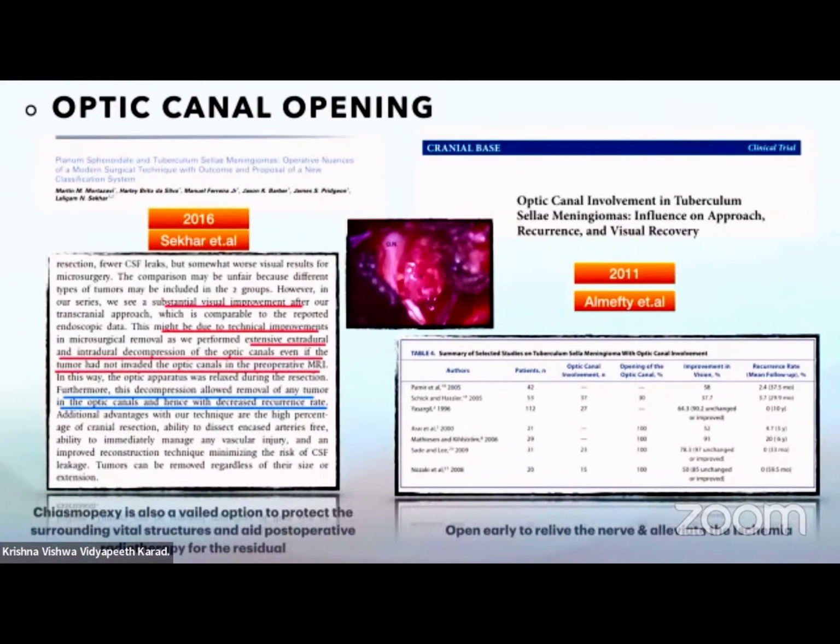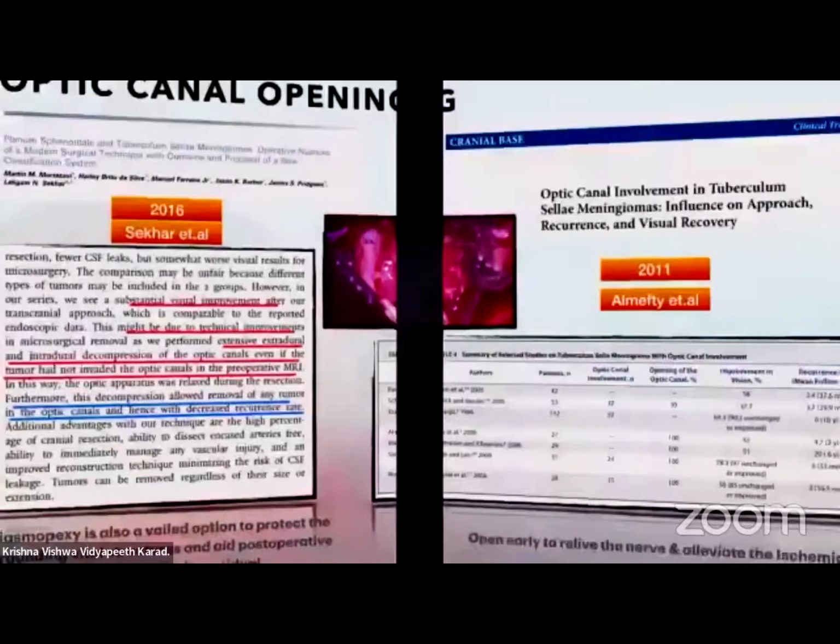Chiasmopexy may be beneficial if there is any postoperative residual which is in need of postoperative radiosurgery. Repair the defect not only with fat, but also with fascia to lessen CSF leakage.